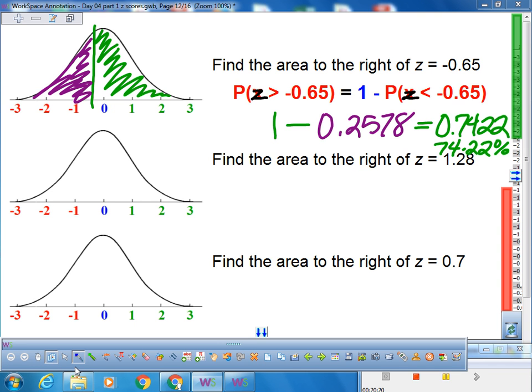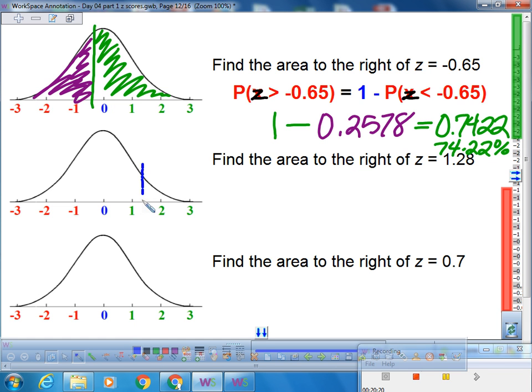My standard score is 1.28, so somewhere around here. I want to find exactly the percentage of just this part of the curve.